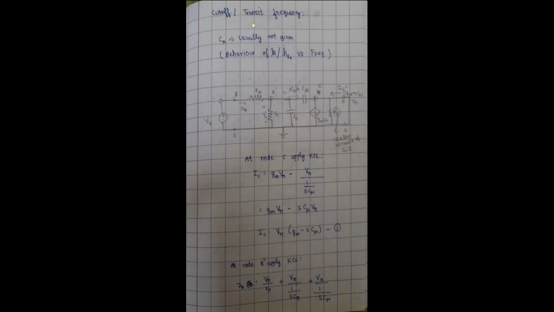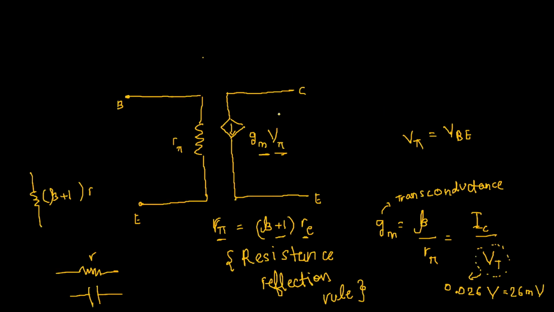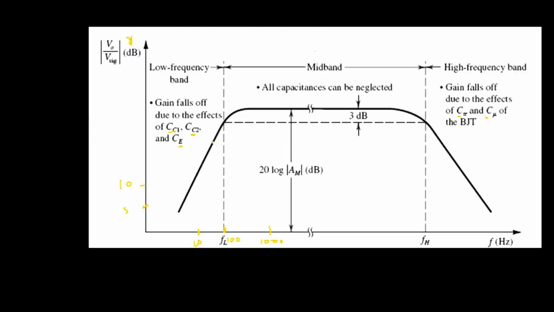So the first thing we'll talk about is the cutoff or transit frequency. So like you can see, the circuit over here has a lot of differences to the circuit that we actually came up with.